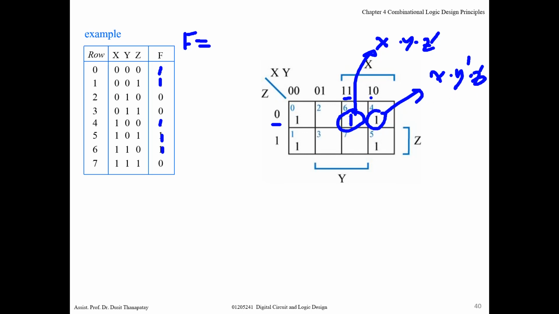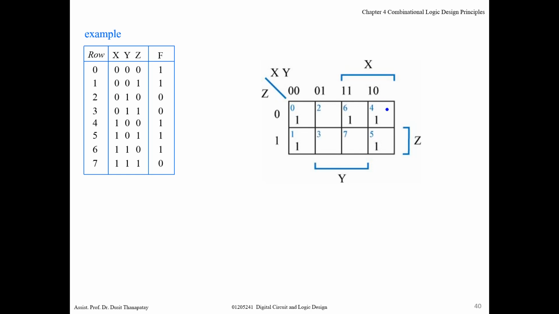Because the input is 1 0 0. Okay, because it's different in only one bit, y prime and this one is y. X z prime the same, so you can combine these two terms together.